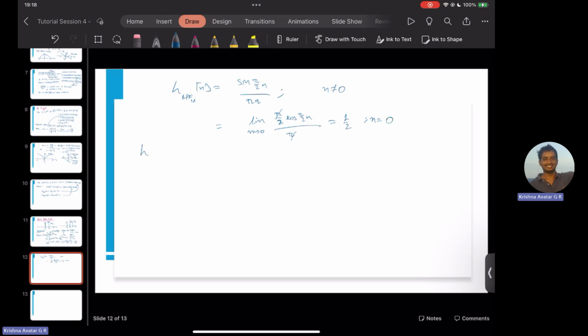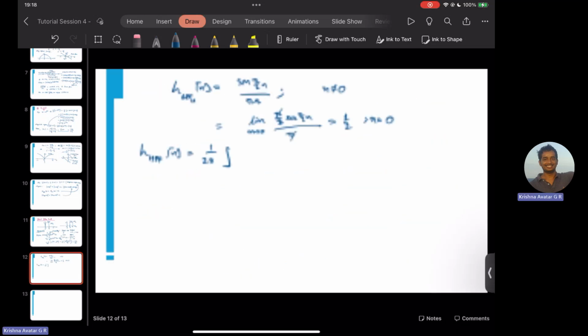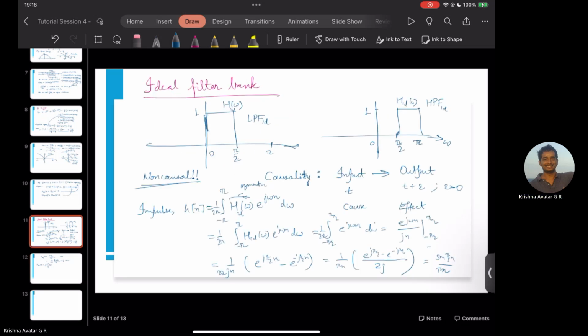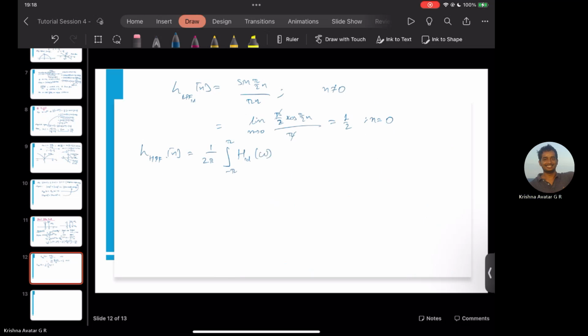How about h of a high pass filter? It is going to be 1 by 2 pi, integral from minus pi to pi of H ideal of omega, e to the power j omega n d omega.